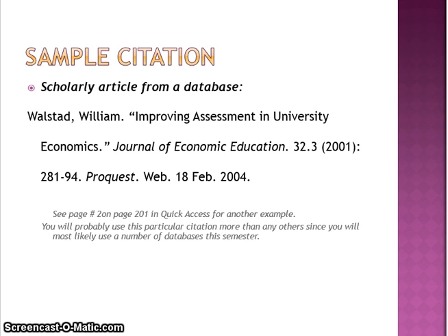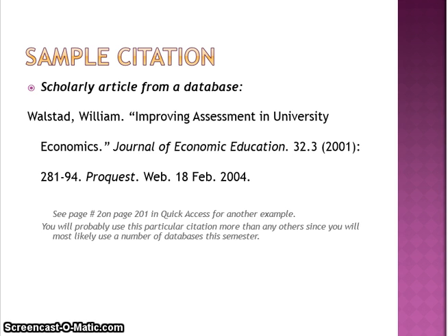I'm happy as long as you just have the numbers. Okay, so whatever the volume dot issue. If they format a different way, if they have a volume and a number or whatever, that's what you would put. Keep in mind that not all databases will have articles with those, so sometimes you just leave that part. You just pretend that it's not even there, okay? Don't make up volumes and issues, okay?